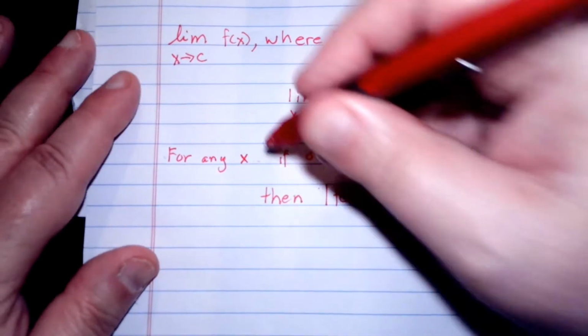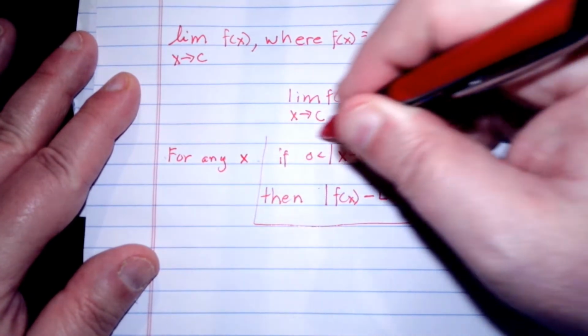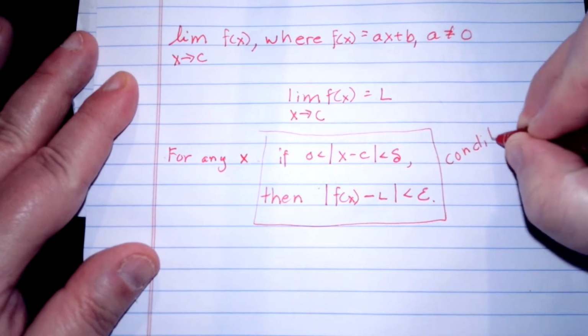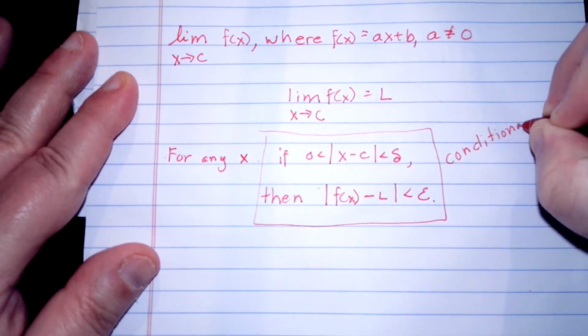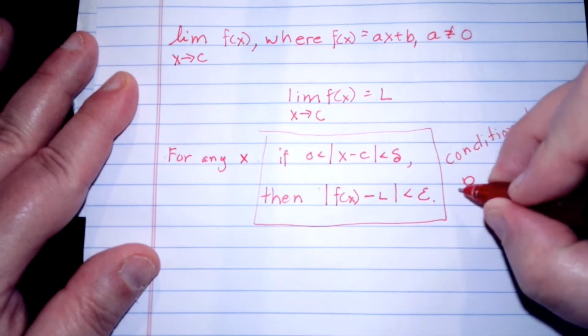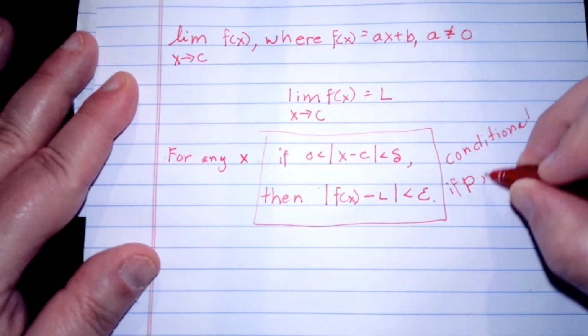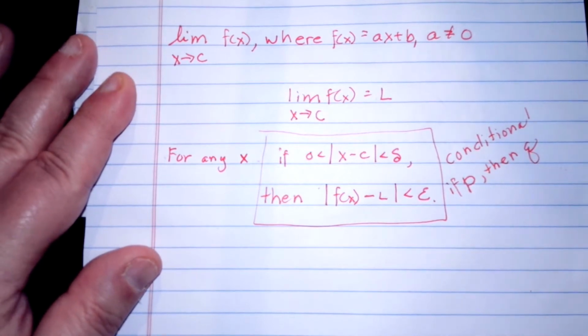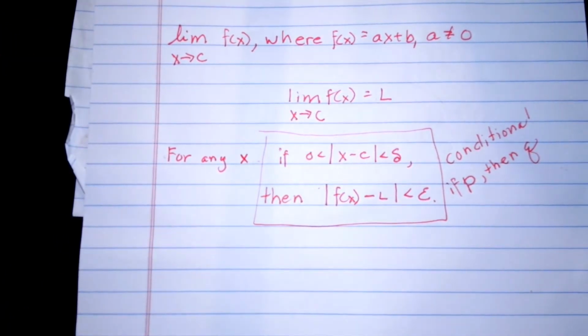So this part is what's known as a conditional statement. A statement of the form if P then Q is known as a conditional statement. And the favored way of proving a conditional statement is usually what's called a direct proof.